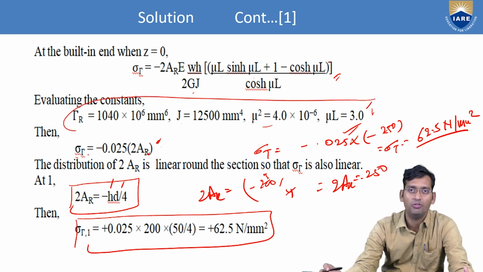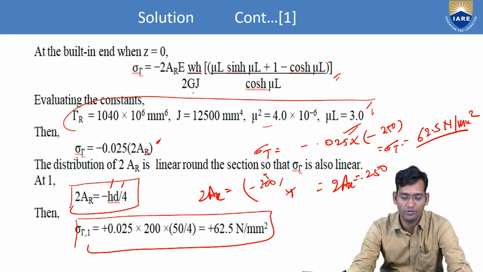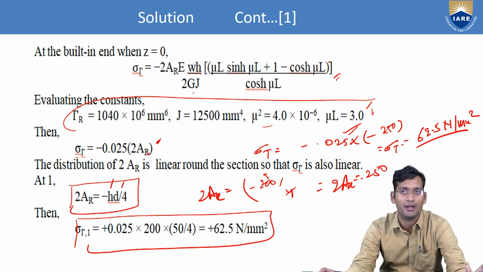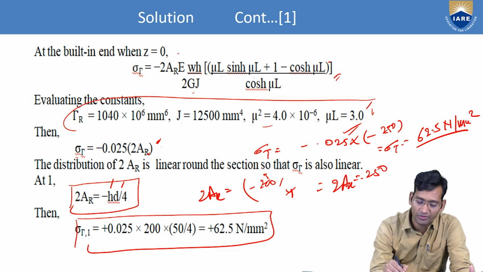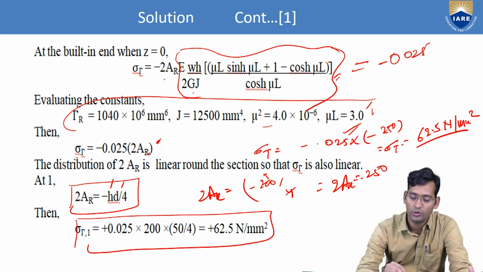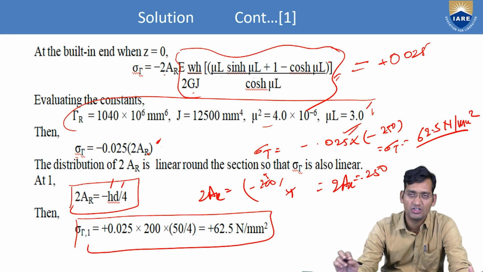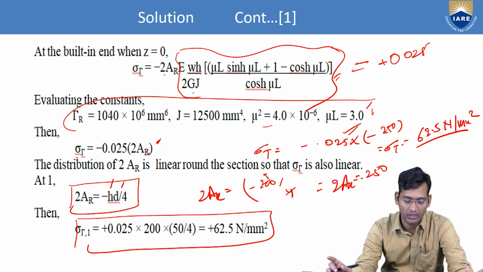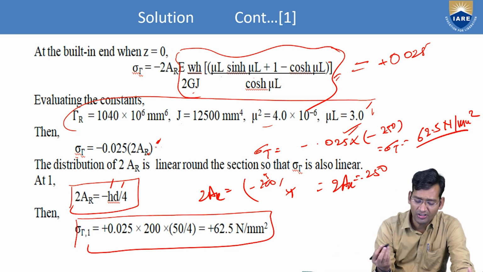What will we get? Sigma tau is equals to minus 0.025 into 2AR. After substituting this value, for this whole thing, we will get minus 0.025, and into, sorry, this plus and minus 2 is there. So minus 2AR. Now, what is required here?